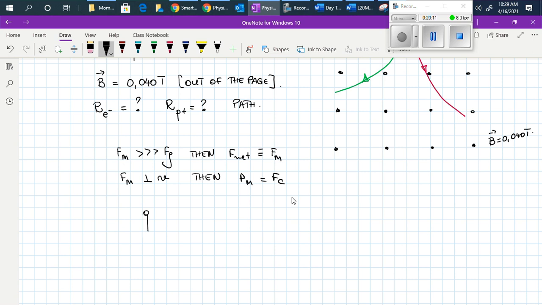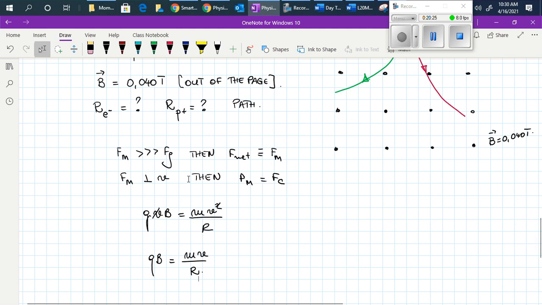So qvB is equal to mv squared over r. So v is cancelled out. qB is equal to mv over r. This is, again, the same relationship, and I'm showing you that every time you do this, follow this logic, because this doesn't leave you dry in any situation.